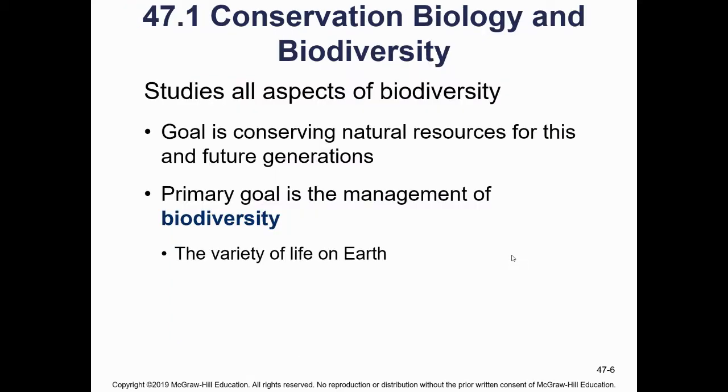So that's just one example. We'll talk a little bit more about invasive species, but that just sets the tone for why this is important.